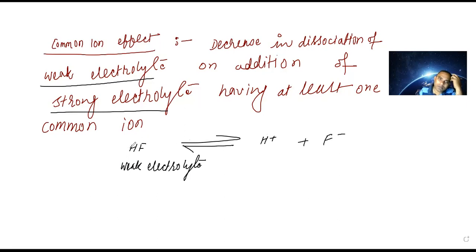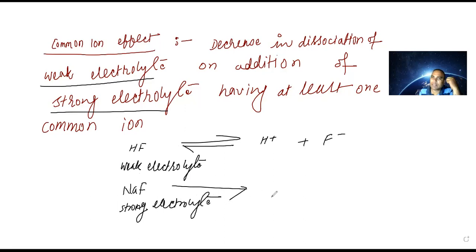Now what we are going to do is add one salt, NaF. NaF is a strong electrolyte. Salts are strong electrolytes, which means it is going to be 100% ionized, and it is going to give Na plus and F minus, right?